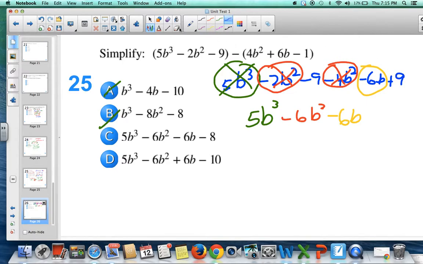Hopefully you picked that up on my thing. This is not a 9. I was looking over here when I saw this. This is actually a 1, because it's minus 1 or plus 1 there. Okay, sorry about that. So now I look at negative 9 plus 1 is negative 8. So that's what the answer is right here.